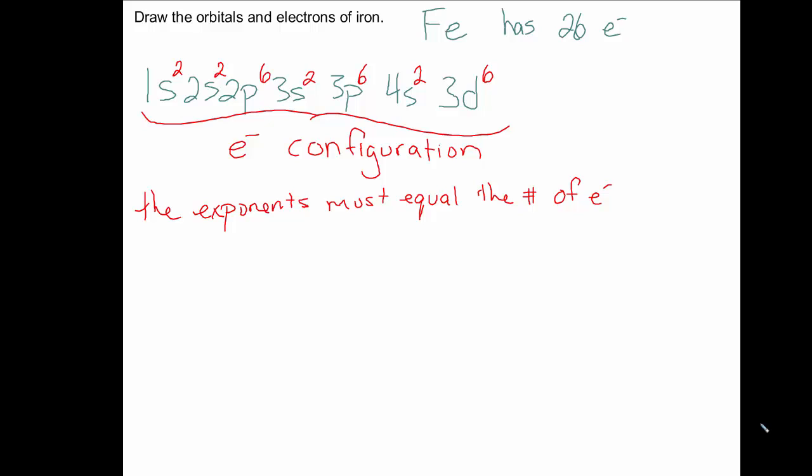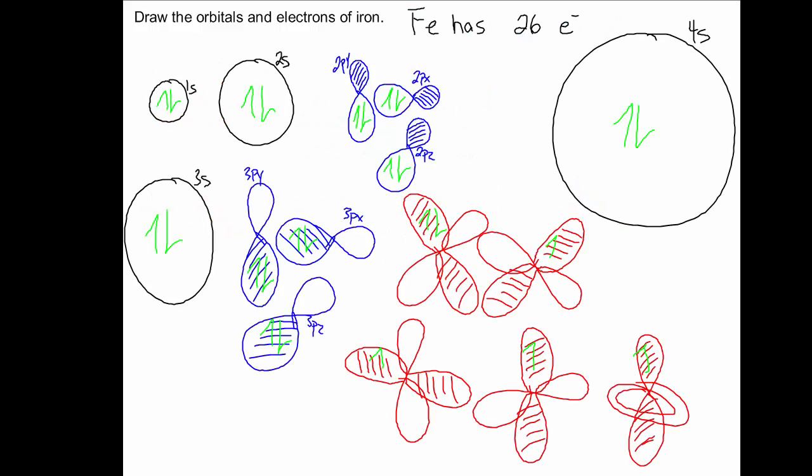All right, so you can have a look right here and notice the prompt I have written on the screen. Draw the orbitals and electrons of iron. So let's switch off of this screen. What I've done is I've actually drawn all of the orbitals on their own.